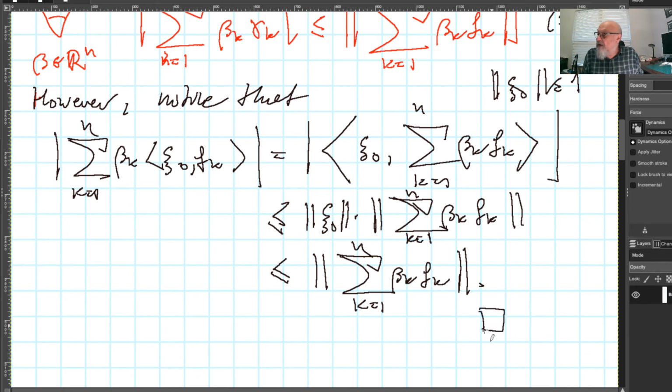That means we get the statement of the Goldstein lemma proved. So the proof is finished.